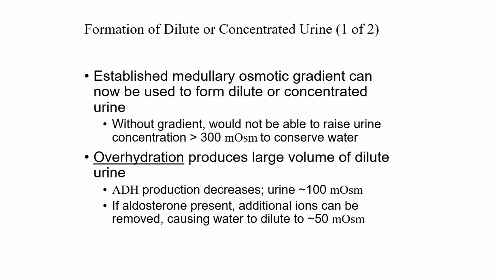I said overhydration usually doesn't occur. People tend to be dehydrated, but basically overhydration is going to produce a large amount of dilute urine. ADH and aldosterone are going to play a part in this.